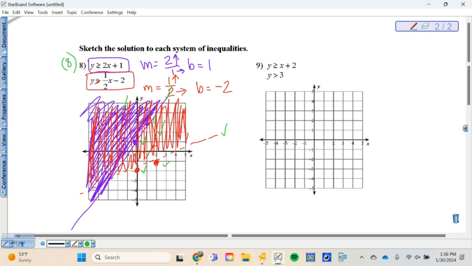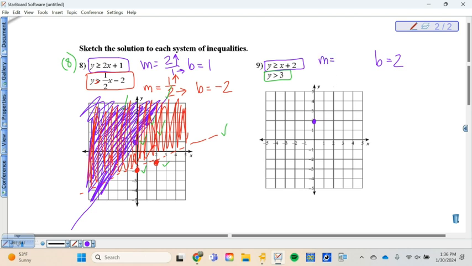Let's do number 9. What colors should I use? Purple and green. Like Barney. So my purple line, what is my y-intercept? 2, good. Start at 2. What's my slope? There's no number there.